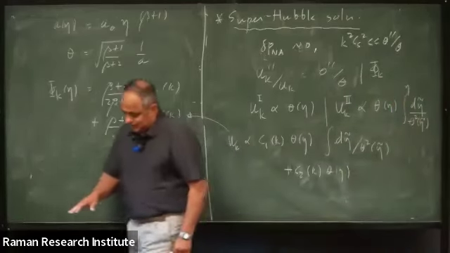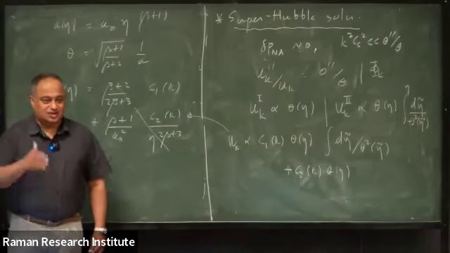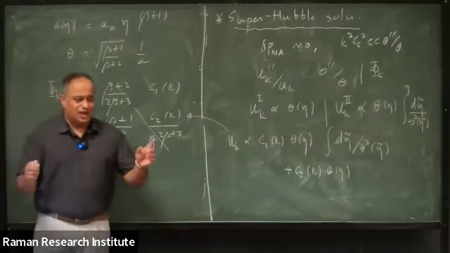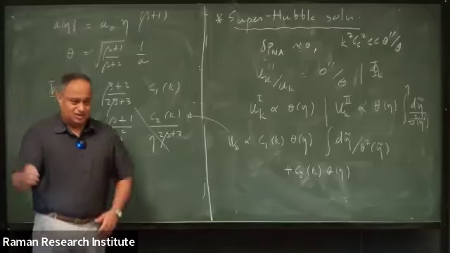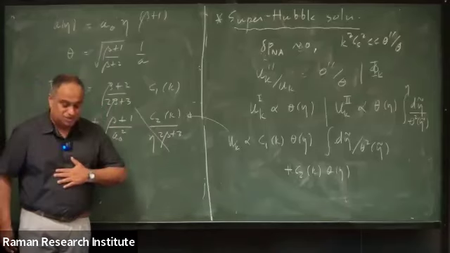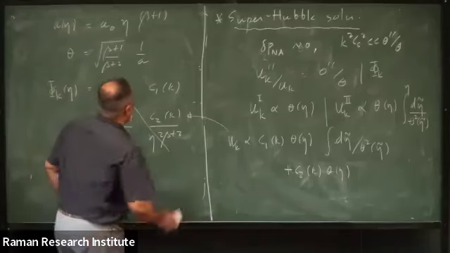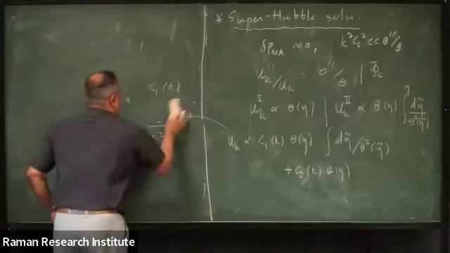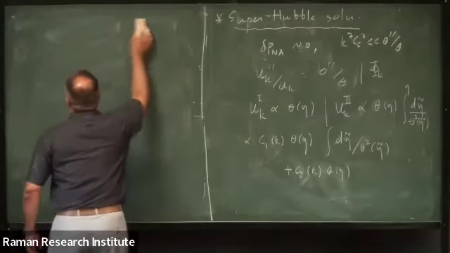From what my notes tell me, the Bardeen equation can be solved exactly in terms of Bessel functions, either during the radiation and matter dominated epochs. I don't know, in some limits, it can be solved in both the epochs, even during the transition. But you can write down the exact solutions, and I would urge you to construct that. But what one does is as follows. One constructs a conserved quantity, which is a quantity which is conserved on super Hubble scales.